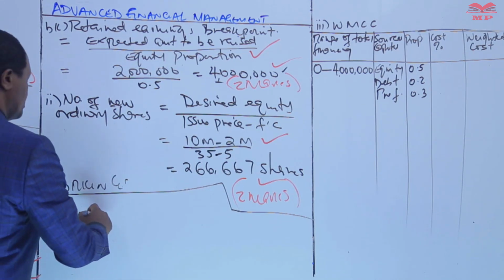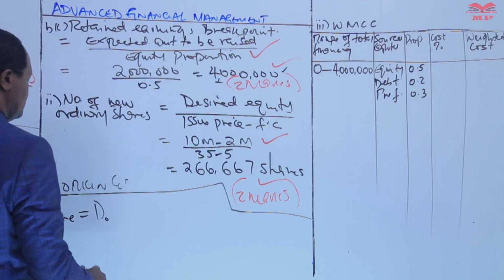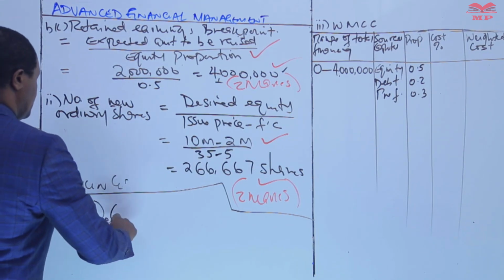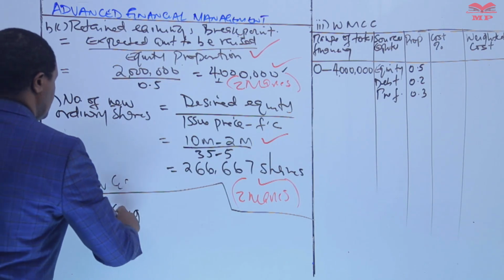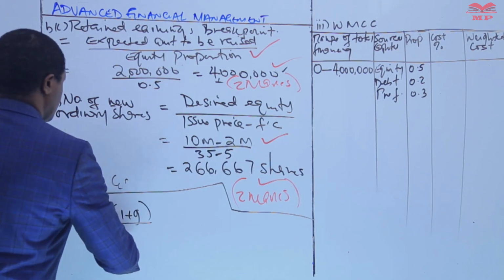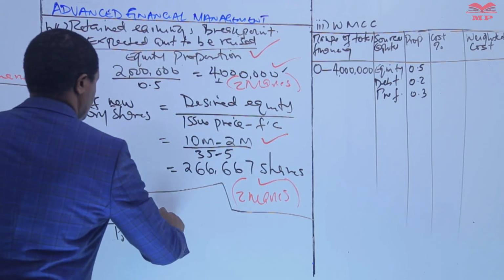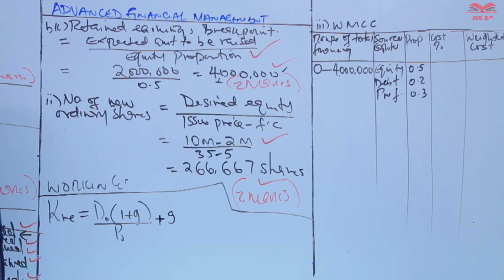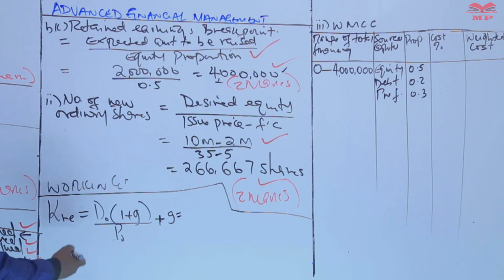This is equal to D naught into (1 plus g) over P naught, plus g. This will give us the cost of retained earnings.